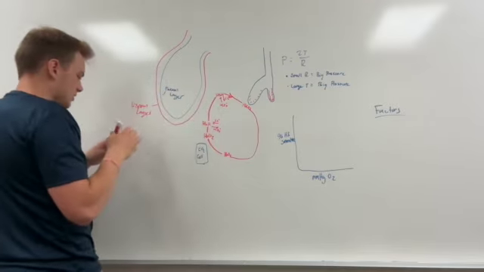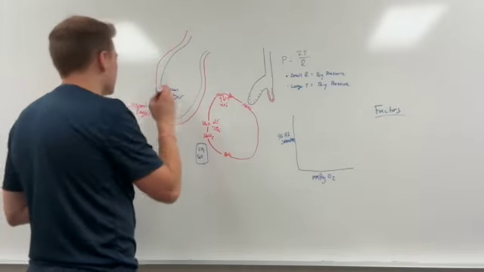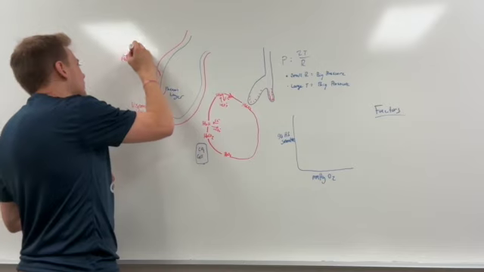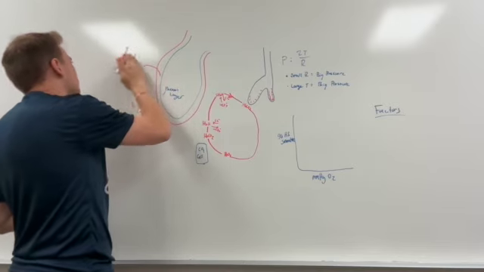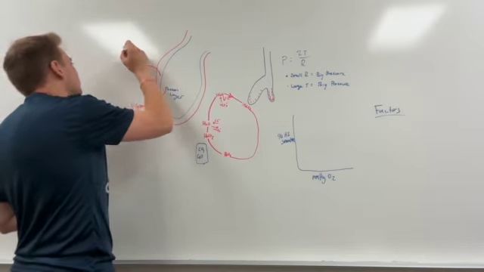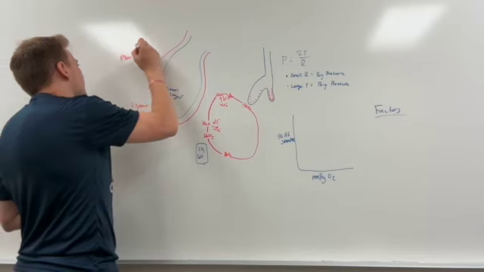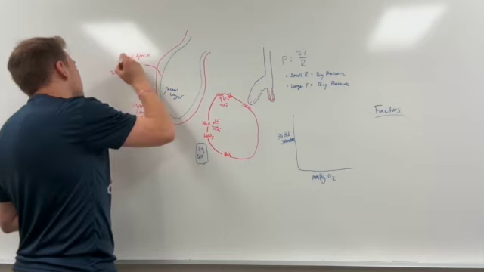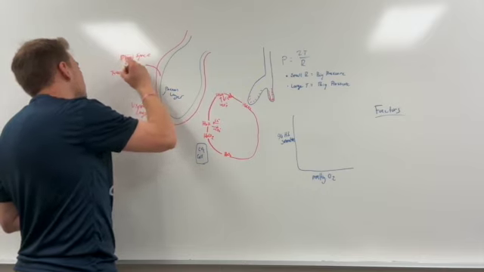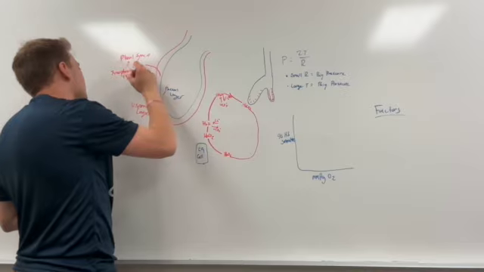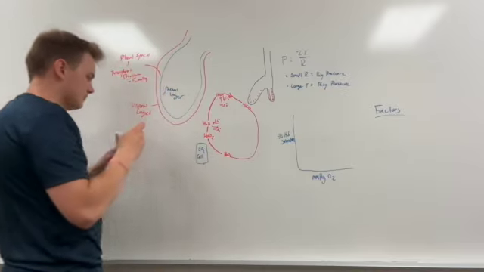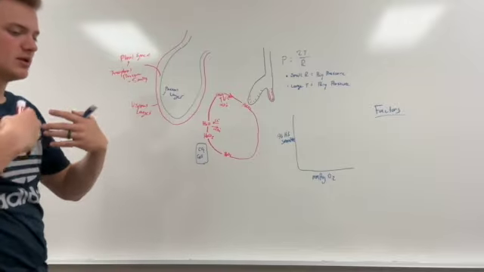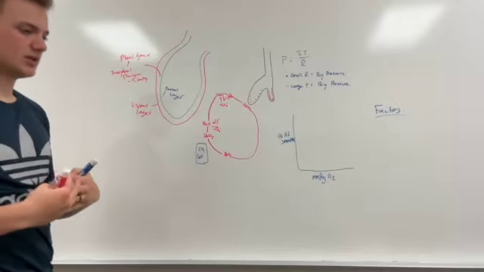But what they do is they compose another space in here that's called the pleural space. And this facilitates something called the interpleural pressure. This has a -5 millimeters mercury to it. And that fluctuates between -5 and -1 depending on whether your lungs are inflated or deflated.